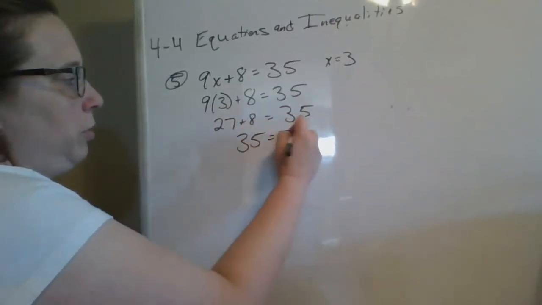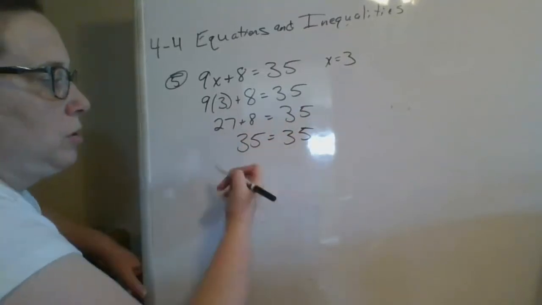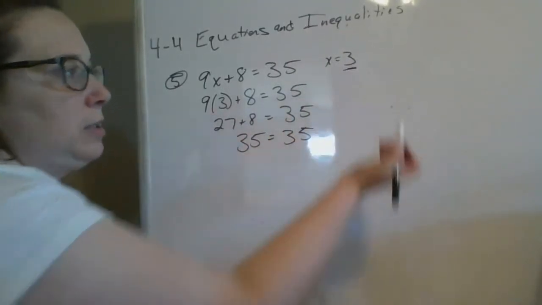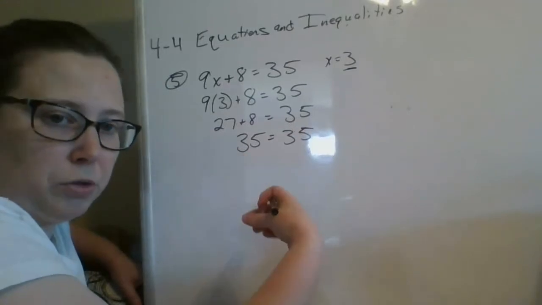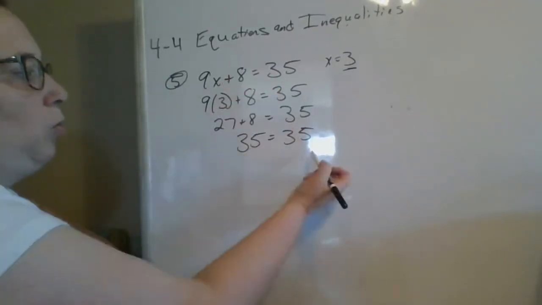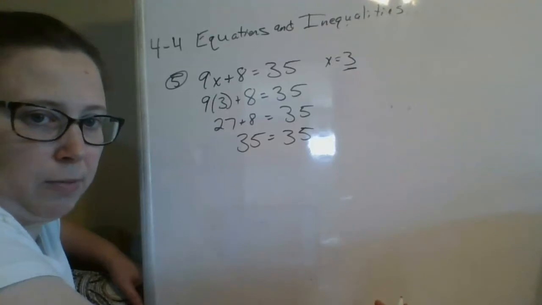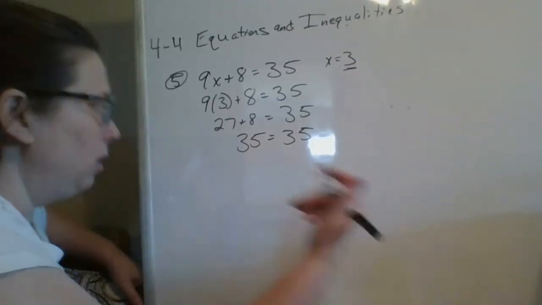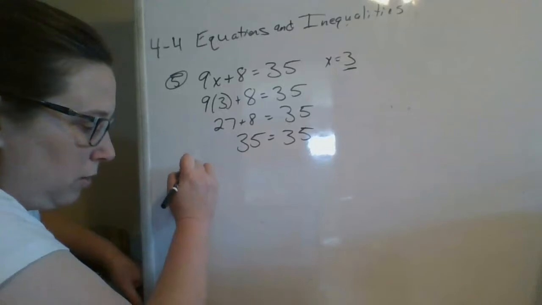And we do come up with a true solution here. 35 does equal 35. What that means is that 3 is a solution to this equation. So when we plug 3 in, we came out with a true statement at the bottom. That means that 3 is a solution to that equation.